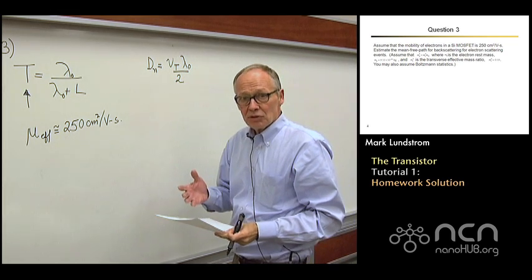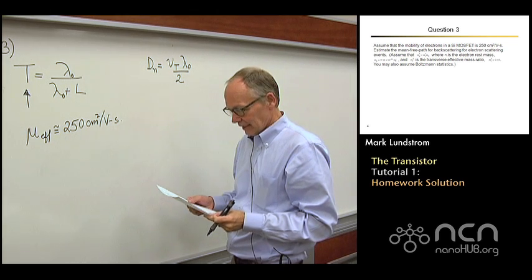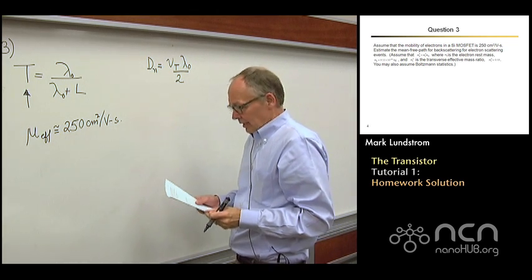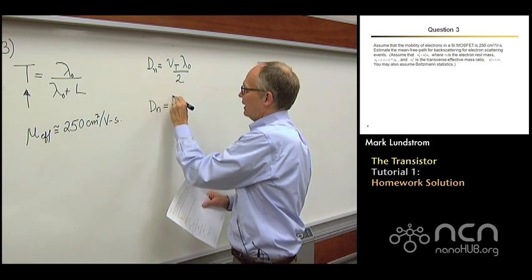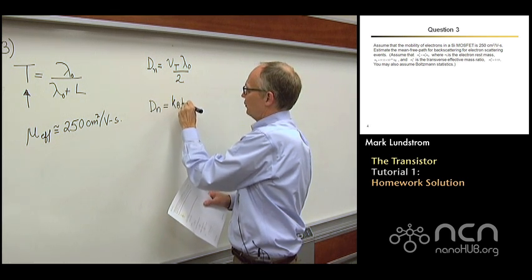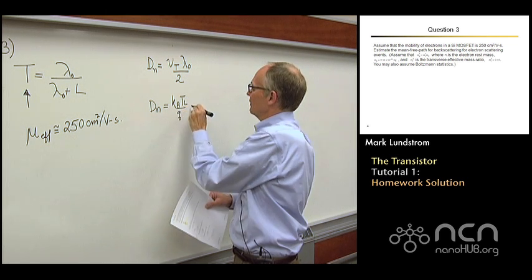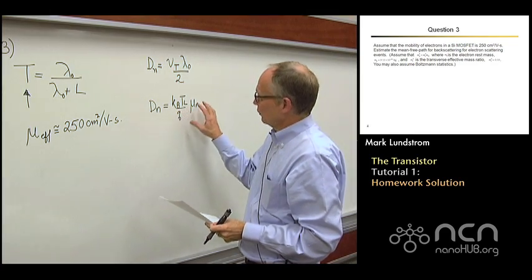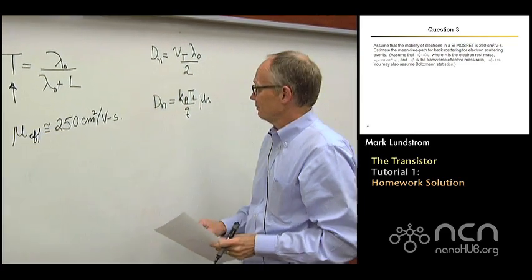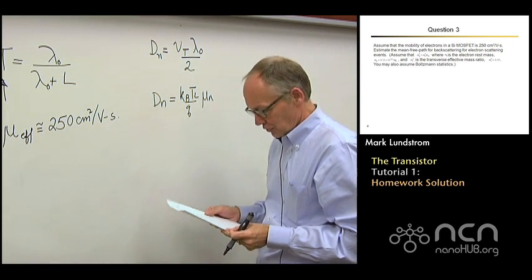So if we have the diffusion coefficient, then we can easily obtain the mean free path. Okay, well, according to the Einstein relation, which is valid in equilibrium for a non-degenerate semiconductor, the diffusion coefficient is kT over q times the mobility. So I've been given the mobility, so I can easily compute what the diffusion coefficient is.